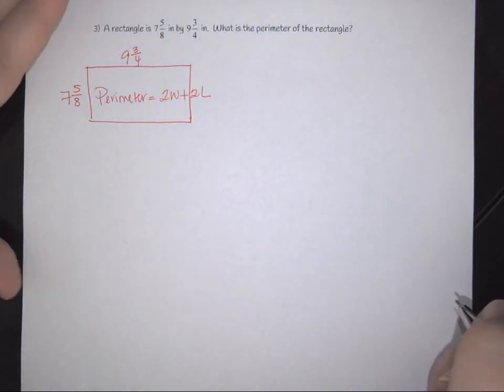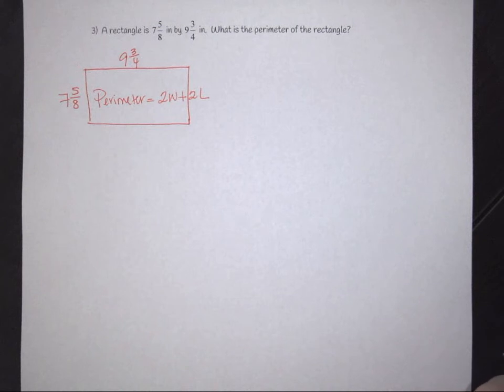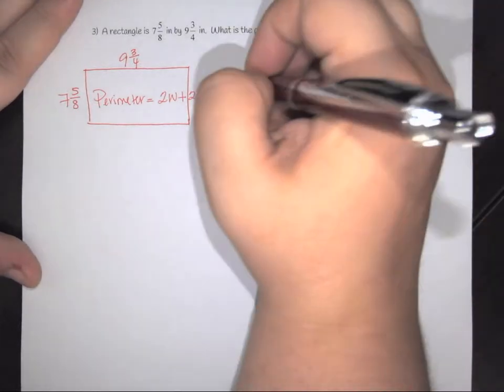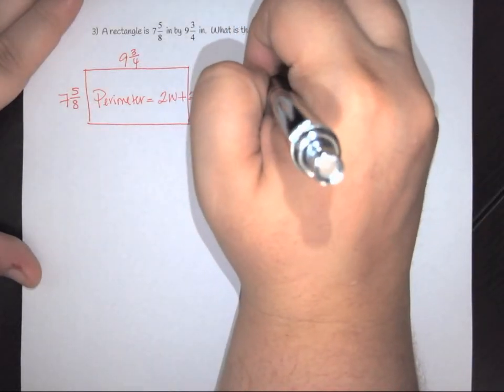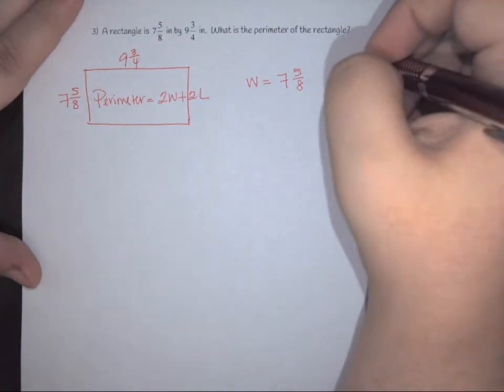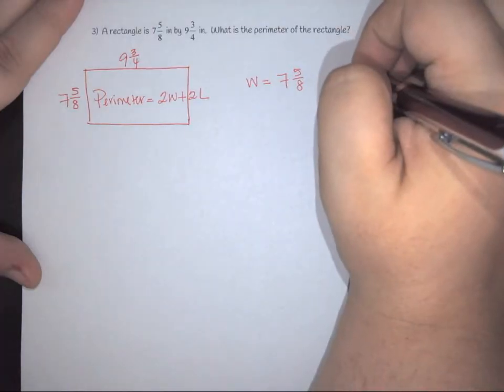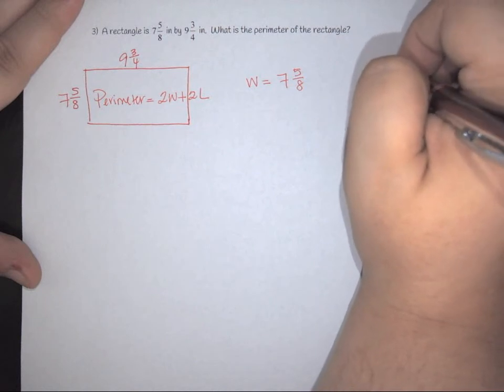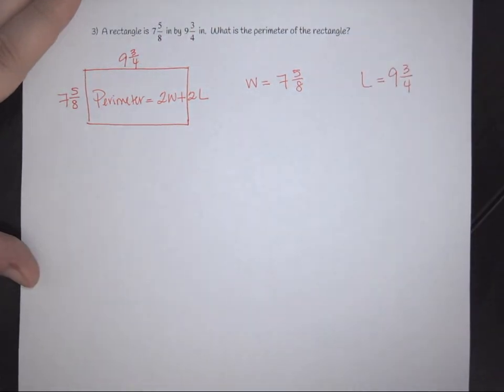Therefore, what I actually have here is I have to take a walk around my shape. So I am stating that my width is going to be 7 5/8 and my length is going to be 9 3/4.